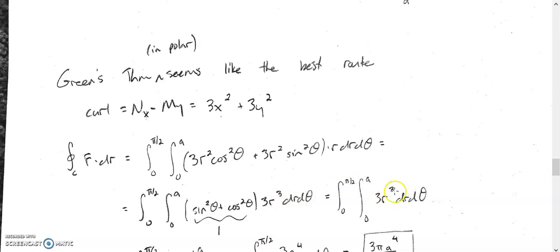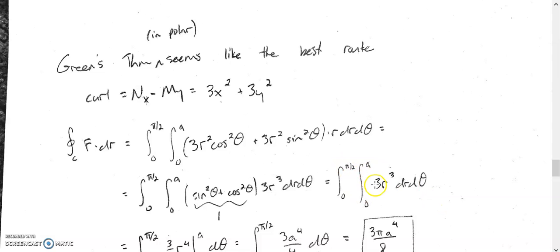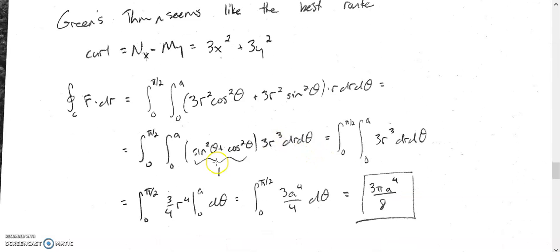So really, I've got this integral that's pretty simple to do, because I got rid of all my messy trig stuff. So integral 0 to pi over 2, integral 0 to a of 3r cubed dr d theta. That integrates to 3 over 4 times r to the 4th, evaluated from r equals 0 to r equals a, with a d theta.